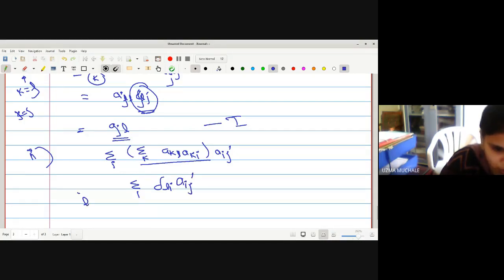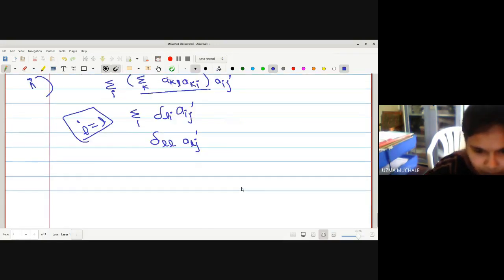After running the summation over i, this i will be equal to l. Somewhere the i will be equal to l. So we can have this as delta ll, and this is alj dash. What is the value of delta ll?